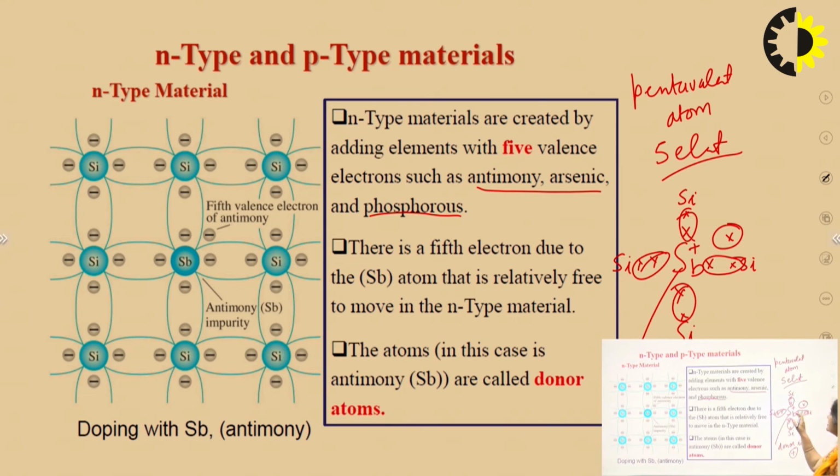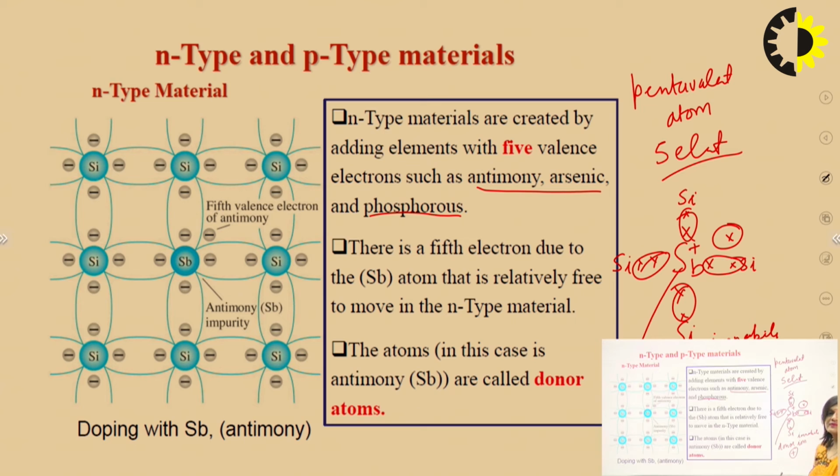So after leaving this electron, this antimony becomes positive, and since it is donating the electron, it is called a donor ion. This donor ion is positive in nature and is always immobile in nature, which means this donor ion cannot move within the crystal.